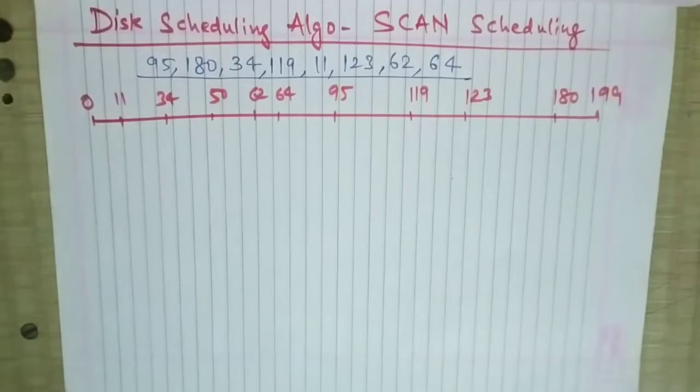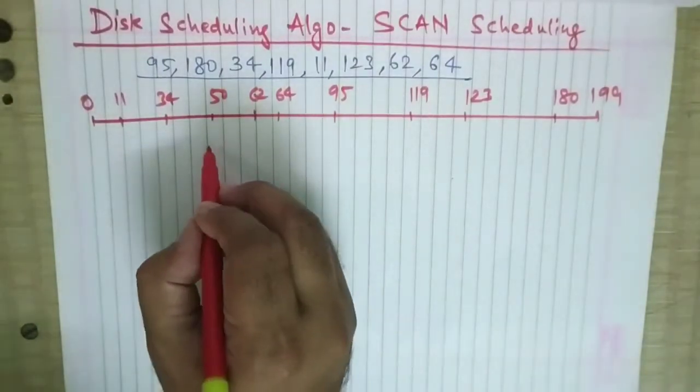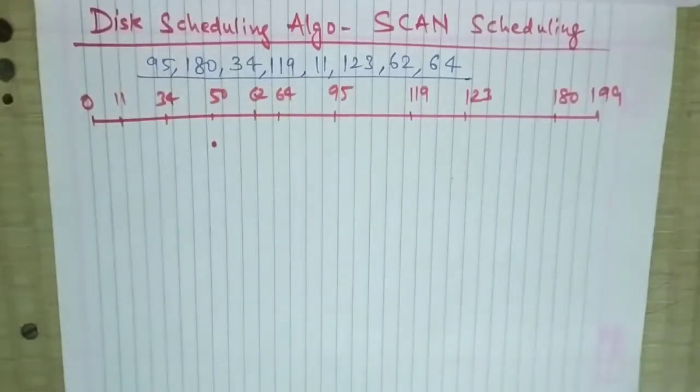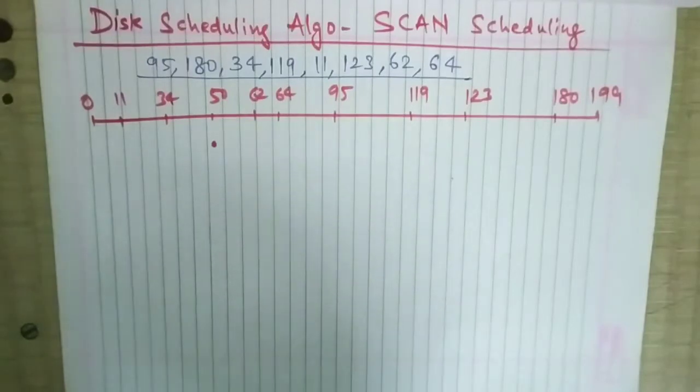In the SCAN scheduling algorithm, our first position is at 50, because the question says the initial position of the read-write head is at 50. So we start at 50. Now where do we have to move?